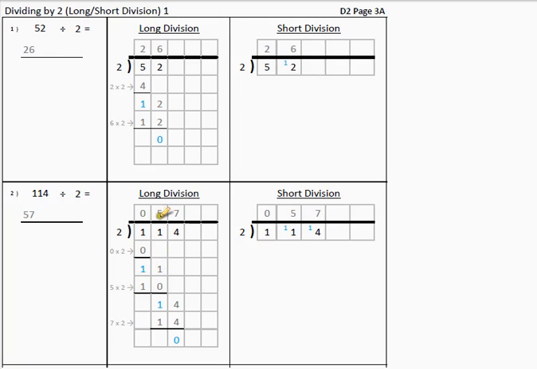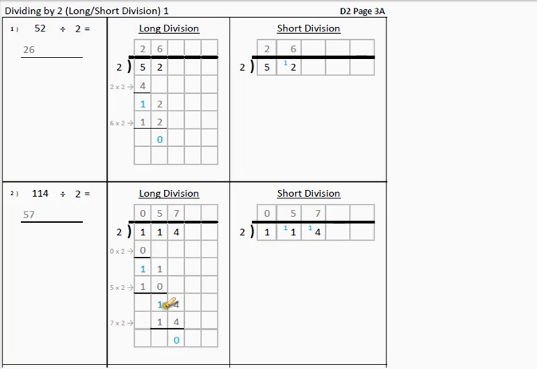And now you say 2 goes in 11 how many times? It's 5. 5 times 2 is 10. Now we take away 11, take away 10 to get the remainder of 1. Then you bring down your 4 next to the remainder. We've got our 14, which we have here in our short division, also the 14.